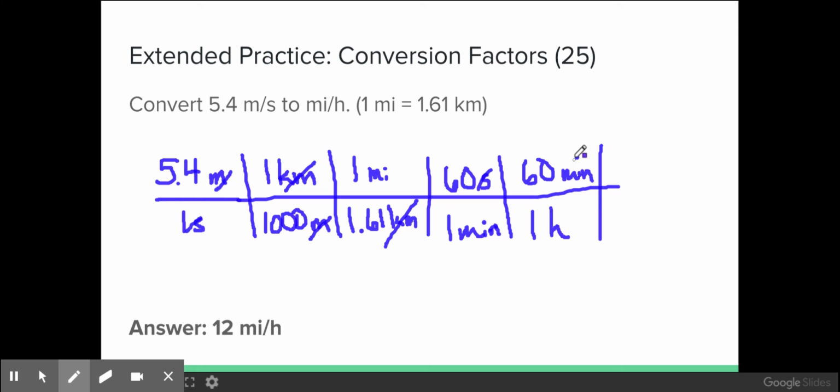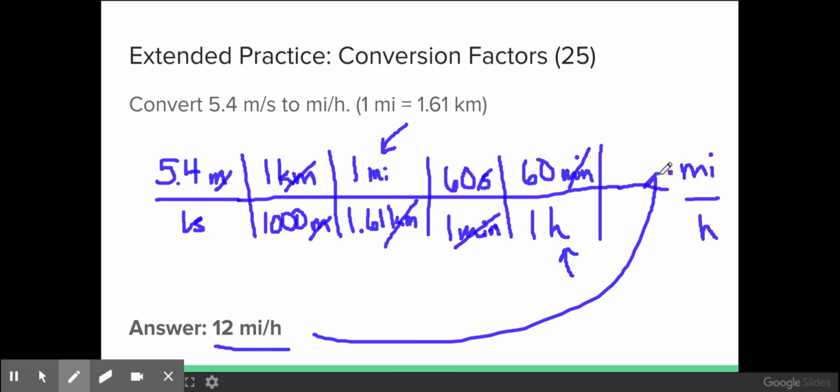Wow, that was a lot of conversion factors. I can do as many of these as I want in a row, but you'll notice my top units are miles, my bottom units are hours, so my final units are going to be miles per hour. And my final answer ends up being 12 miles per hour.